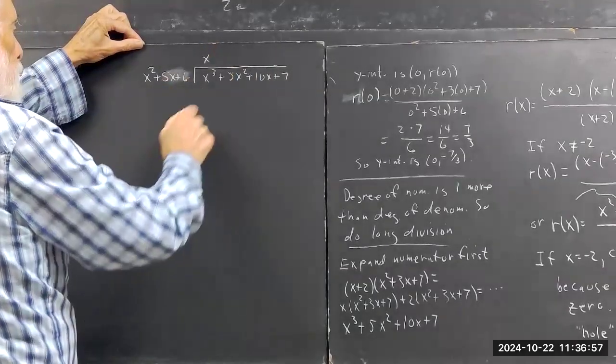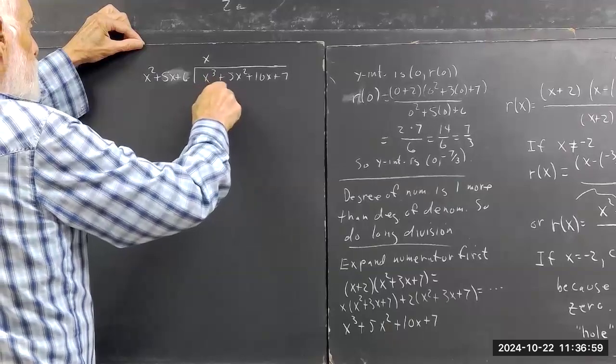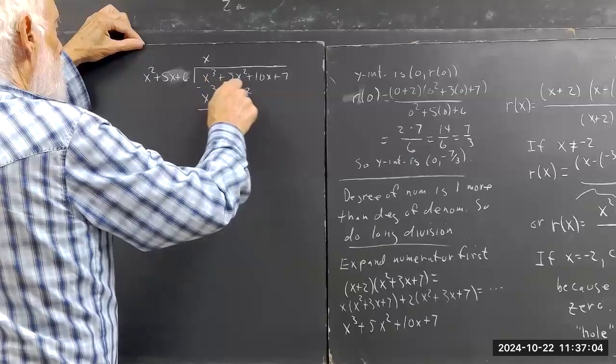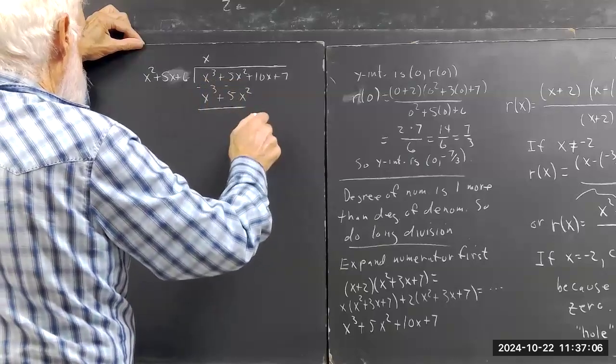That's pretty easy. Get x here, get x cubed plus 5x squared, and remind ourselves that these will be subtractions.